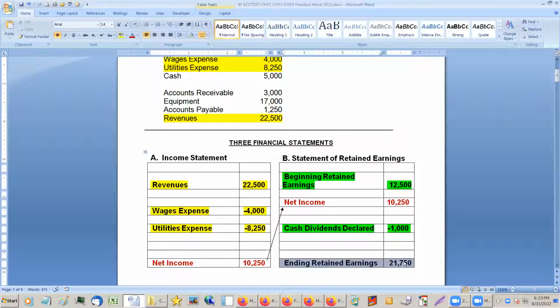Okay, so they still have 21,750 in the retained earnings.